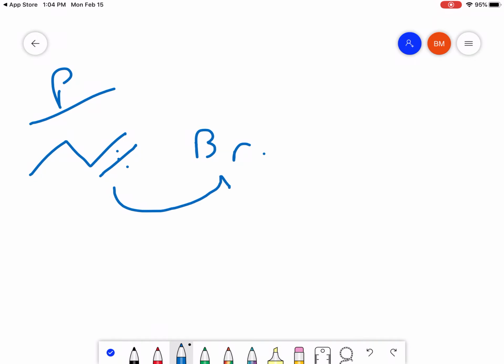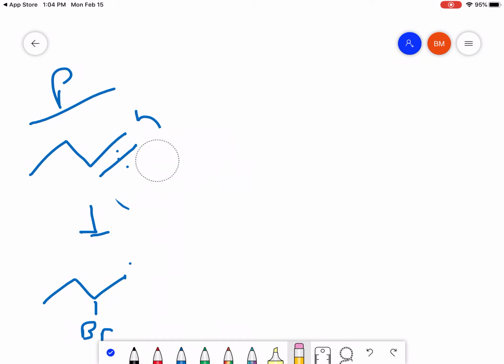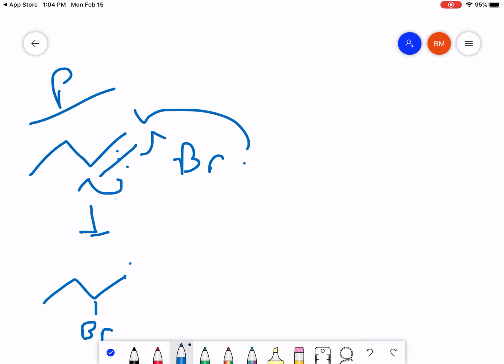You could have this happen, where the Br attaches to this carbon and leaves a radical right over here. Or it could happen the other way, where the Br radical adds to this carbon and you form a radical in the middle.